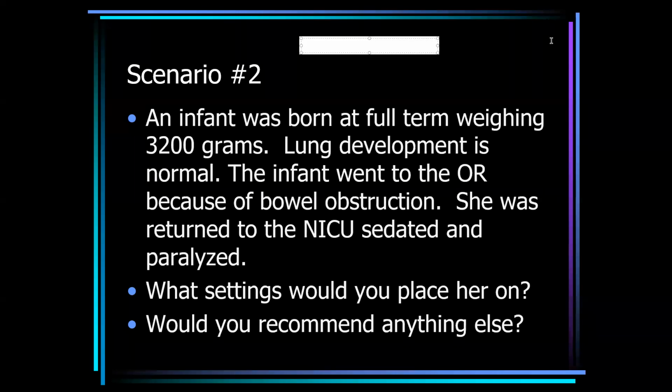TCPL. Okay, so TCPL. She's 3,200 grams. Do you want to start with a pressure or do you want to go volume guarantee? TCPL volume guarantee?